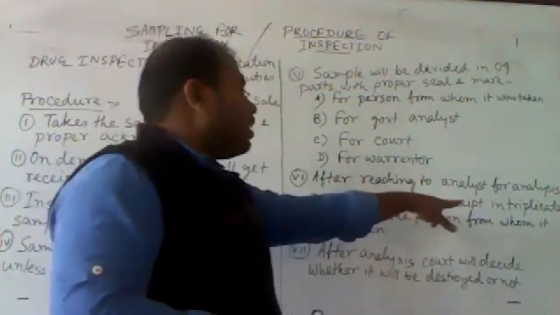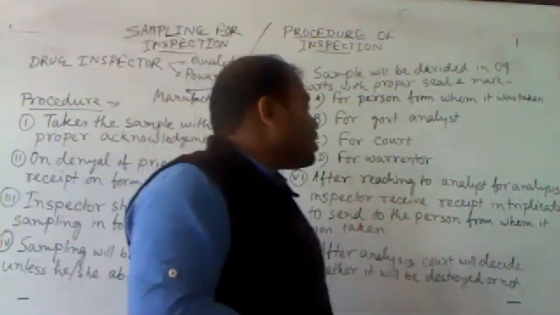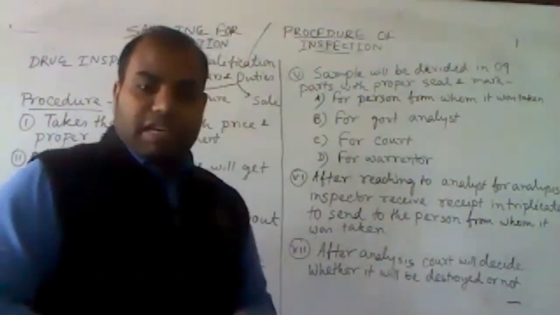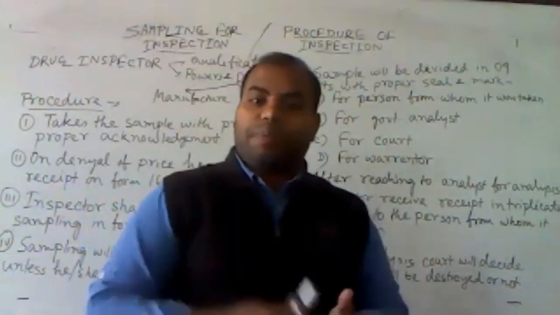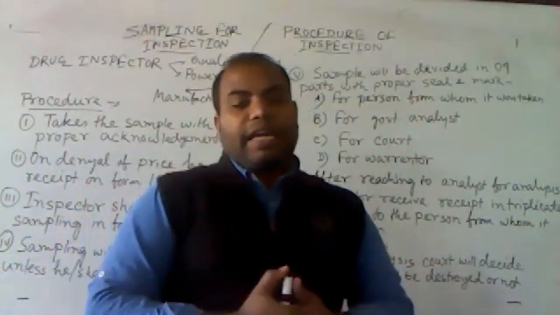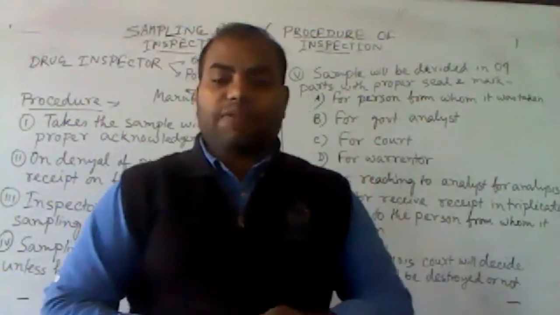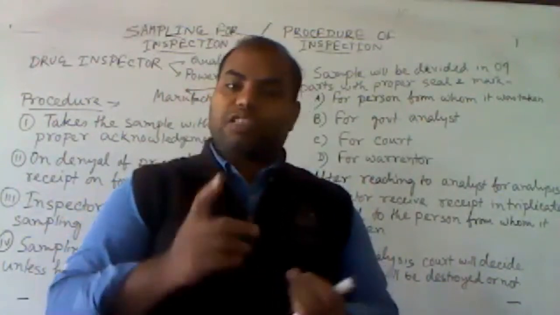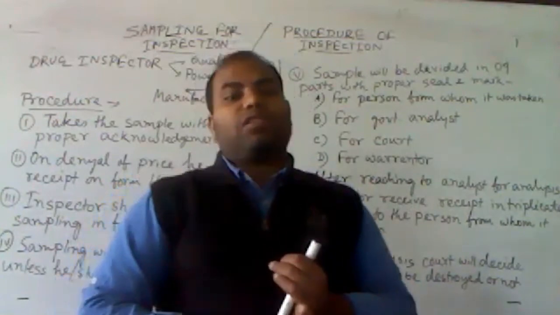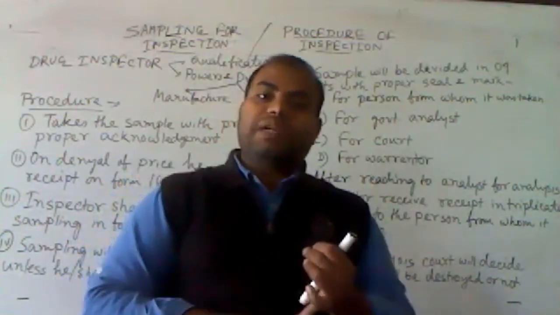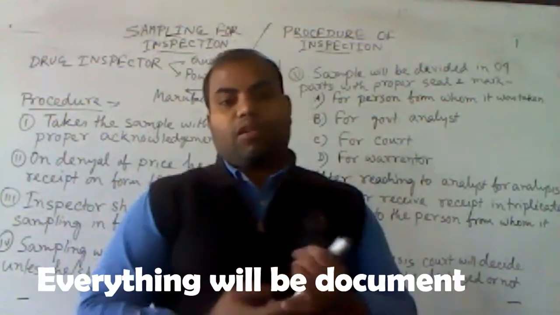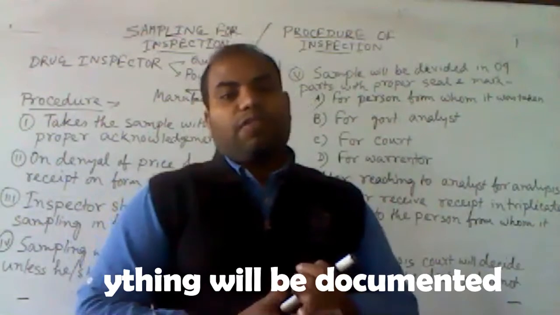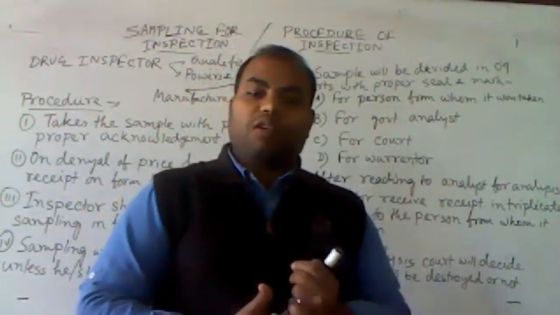After reaching the analyst for analysis, the inspector receives the receipt in triplicate form, sent to the person from whom it was taken. Okay, suppose you are a shopkeeper or shop owner. If I take some drug or cosmetic from you, you will get a receipt for the sale, for the sampling, as well as for the analysis, showing that it has been taken to some government analyst for analysis, and to some court for judgment on your analysis.